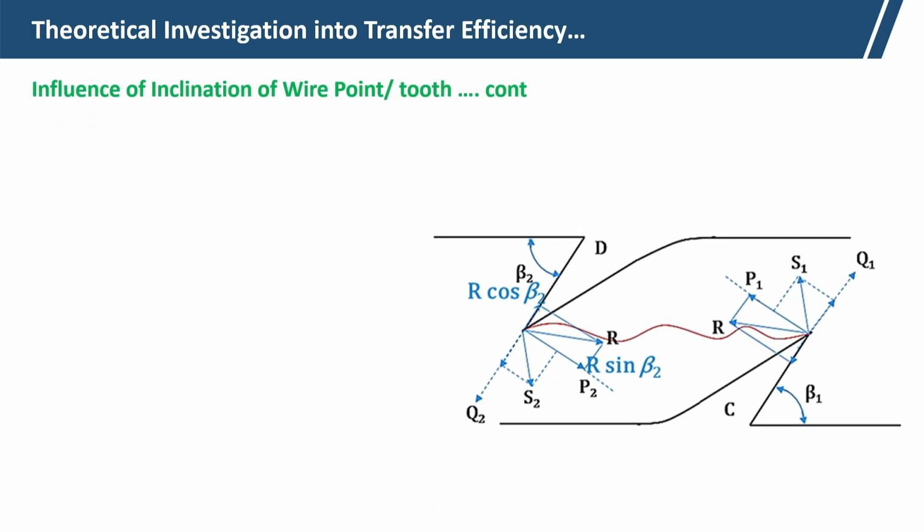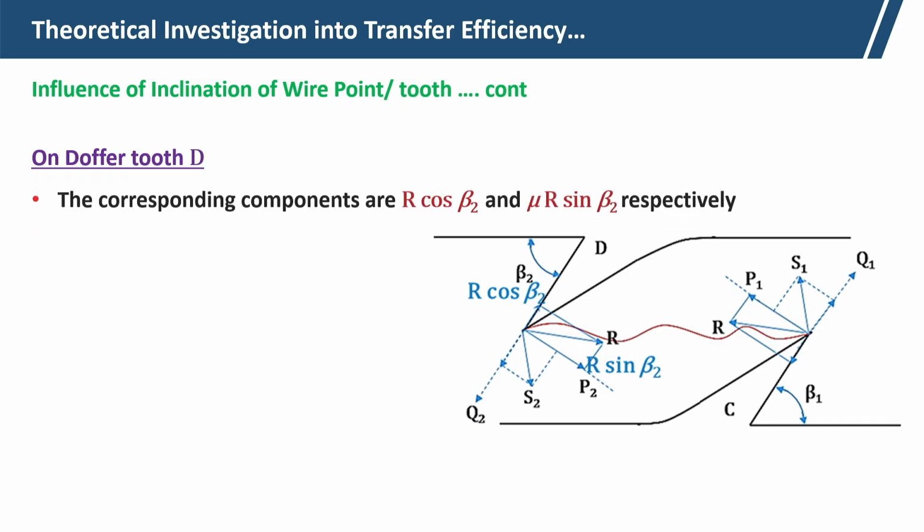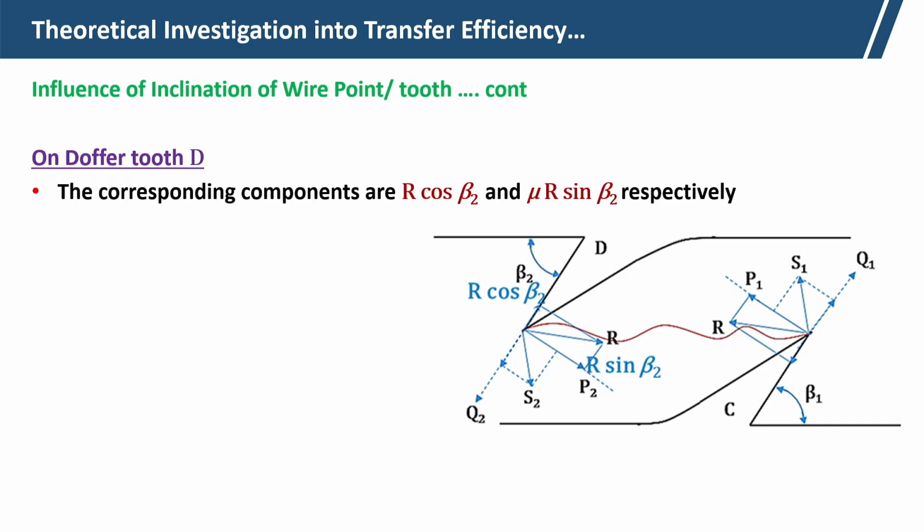Now, on the doffer tooth D, the corresponding components are R cos beta 2 and R sin beta 2.